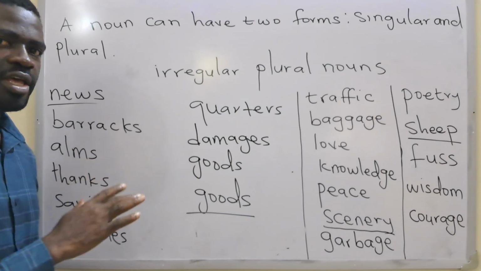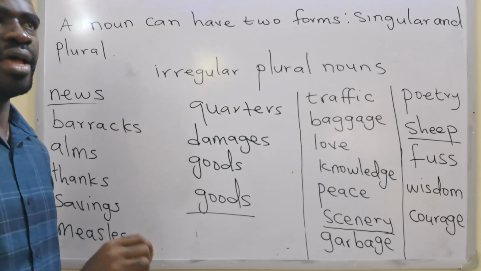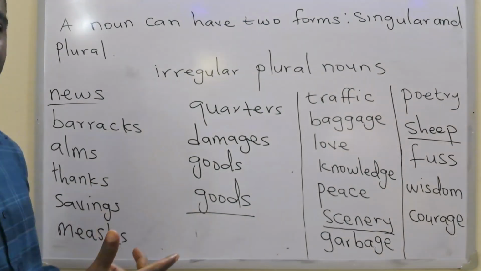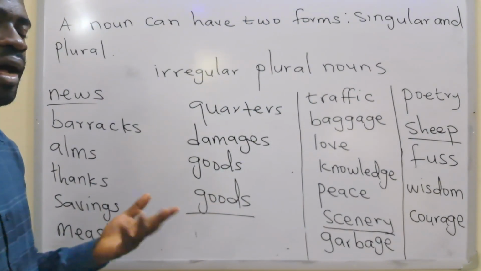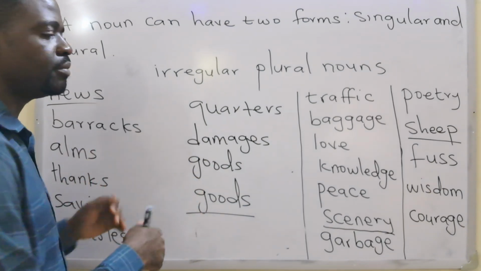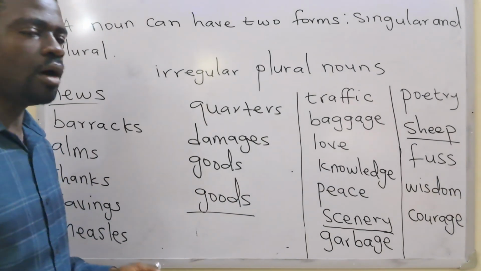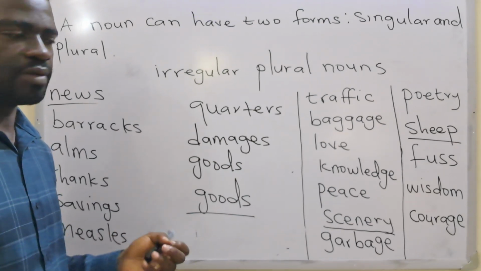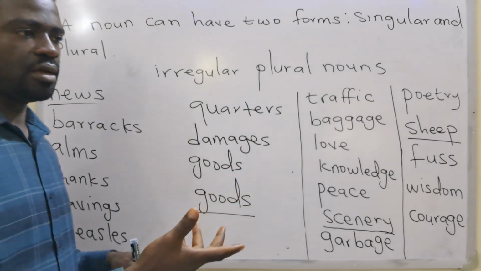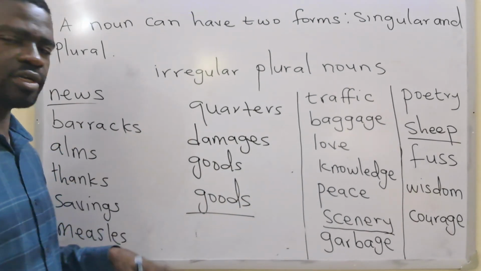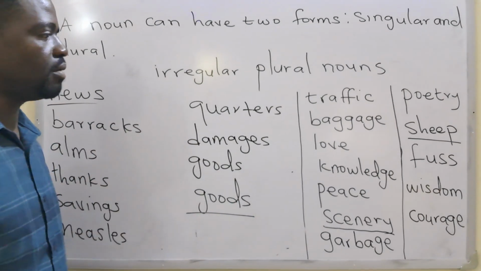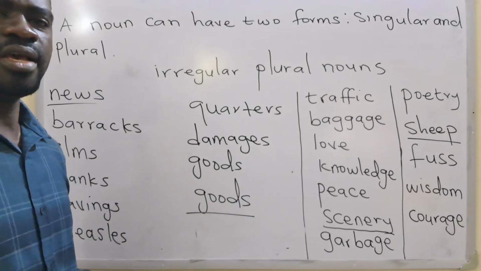Some will change to show their plural form by taking suffixes. That is, you can add es, s, or ies to the original form to show the plural. Some will change internally. There will be an internal change. They're not going to take a suffix. There might be just a change within, and that will reflect the plural of that noun. Some only occur in singular form.